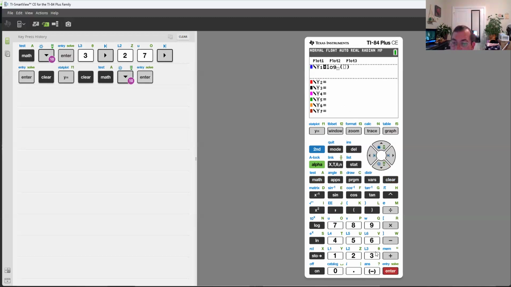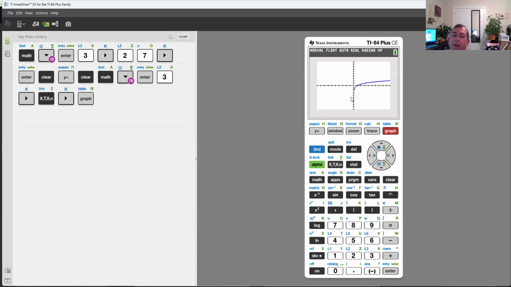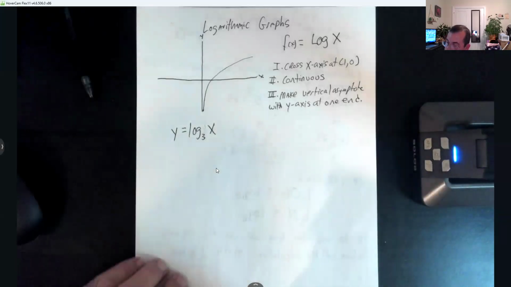I'll put in my 3. Then I'm going to arrow right and put in my x. So I now have log base 3 of x. Y'all, when we hit graph, we'll see the picture, and there it goes. It's sort of hugging that y-axis, crosses over at 1, and then heads uphill to the right. They're only going to have one picture that matches this stuff, okay? And y'all, really, that's all they're doing on the first 3 of these. You're just picking a graph.